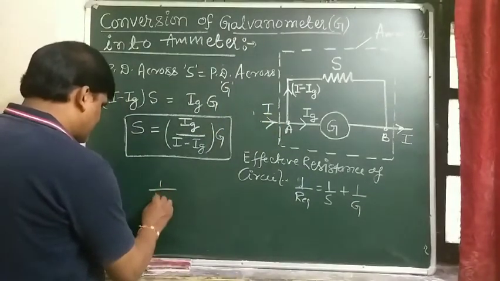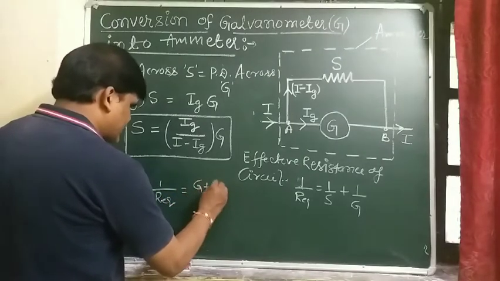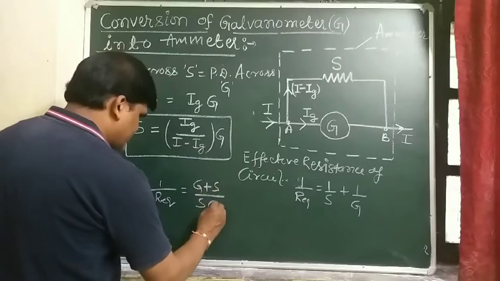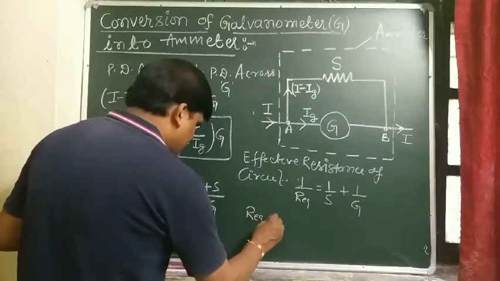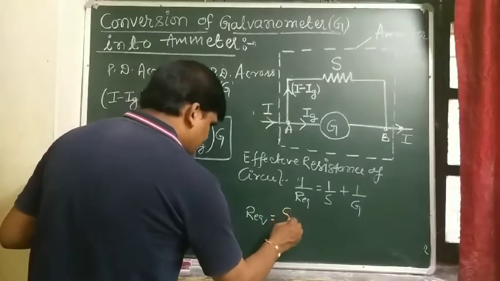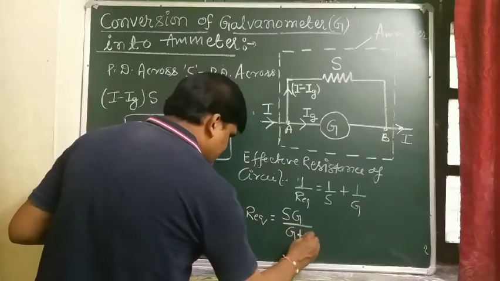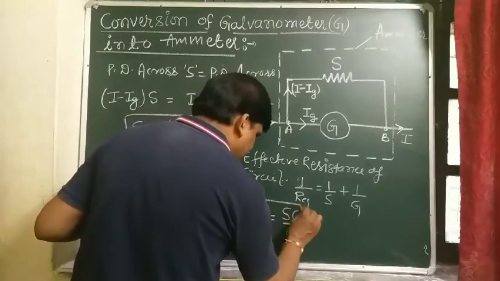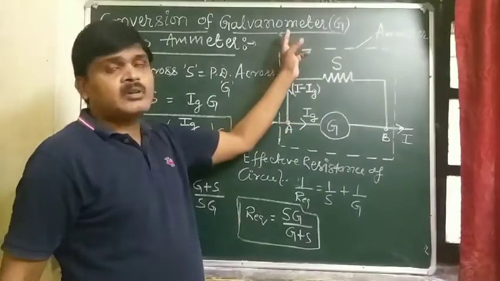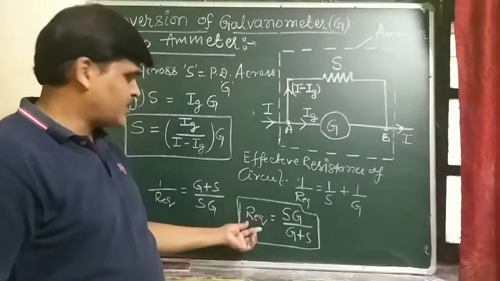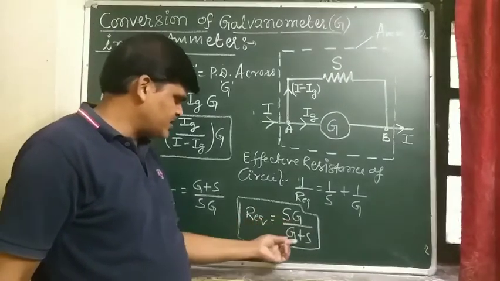So 1 upon R equivalent comes out to be G plus S by SG, and taking the reciprocal, R equivalent is SG by G plus S. So the effective resistance in the conversion of galvanometer into ammeter comes out to be R equivalent equals SG by G plus S.